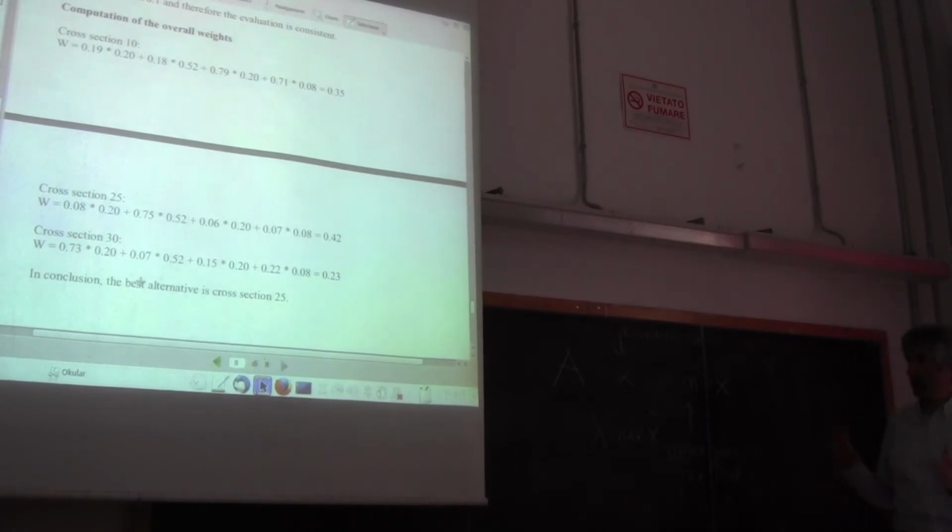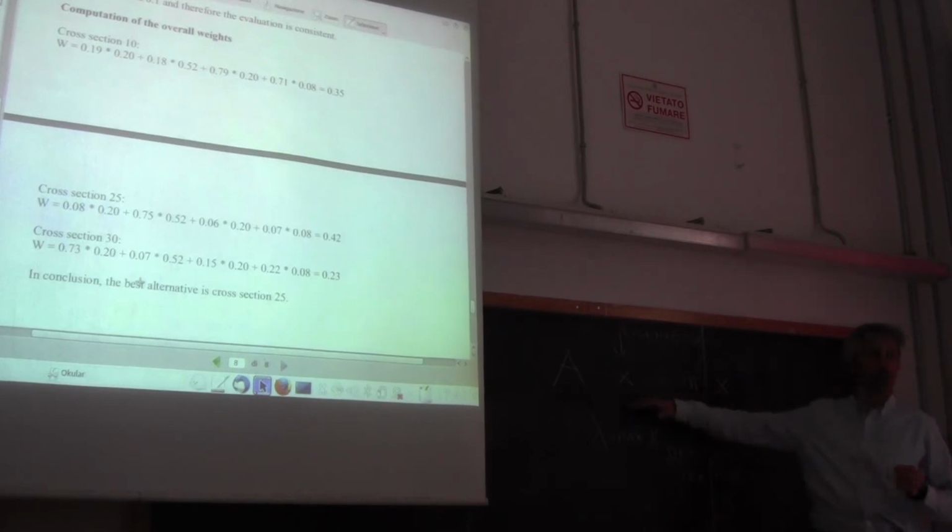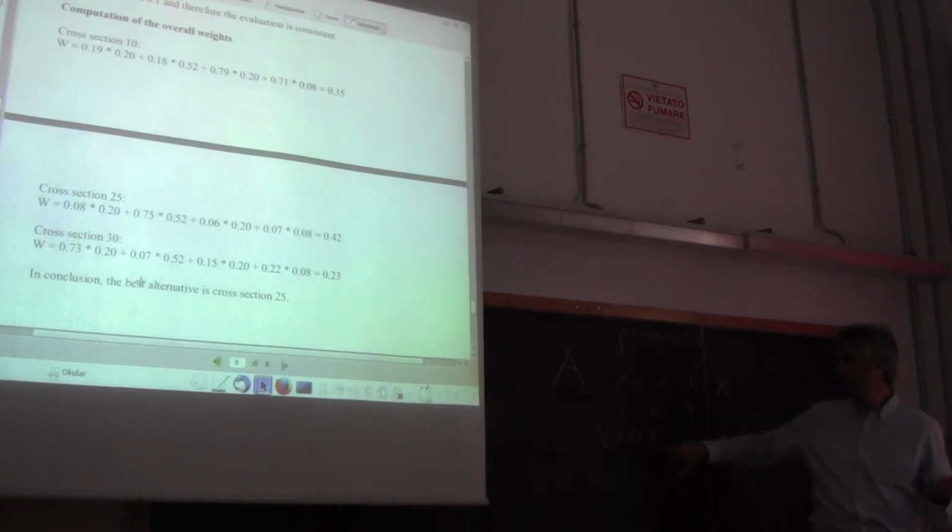You may have noticed that I said that the eigenvector gives you the weights, but then I said that the maximum eigenvalue should be equal to the dimension of the matrix. So there is an inconsistency here, because weights by definition should be lower than 1, and therefore the maximum value of a vector that contains elements lower than 1 cannot be equal to the dimension of the matrix. So there is an inconsistency.